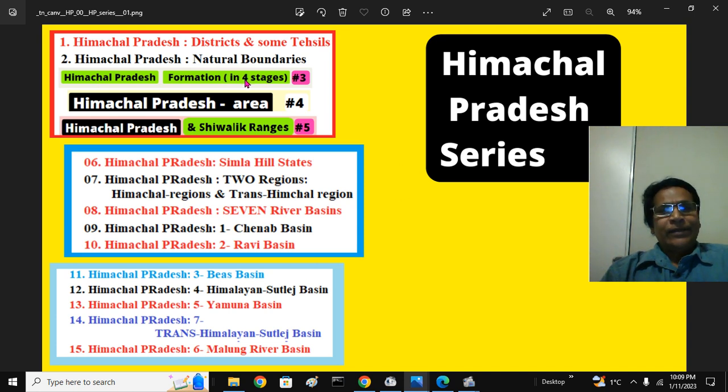Then the 4 stages of formation of Himachal Pradesh, that is Chamba, Mandi, Sirmur and the Simla hill states, that is Bashar, Mahasu. Then the geographical area of Himachal Pradesh, 55,000 square kilometers, and how it compares with other provinces, states and countries. The magnificent Shivalik ranges sheltering the Himachali valleys of Kangra, Kulu and Chandra, Bhaga, Ravi and so on.